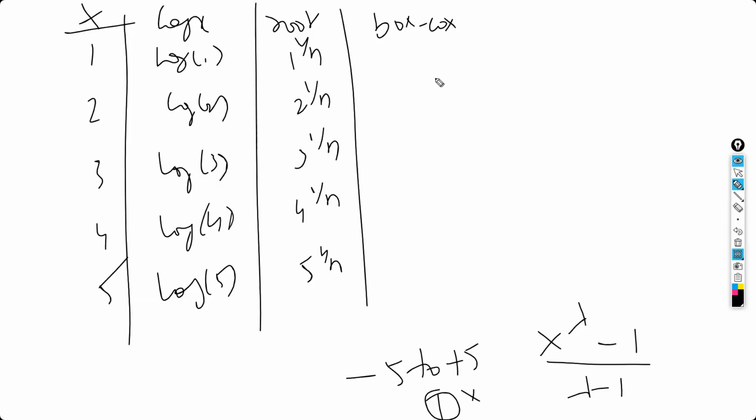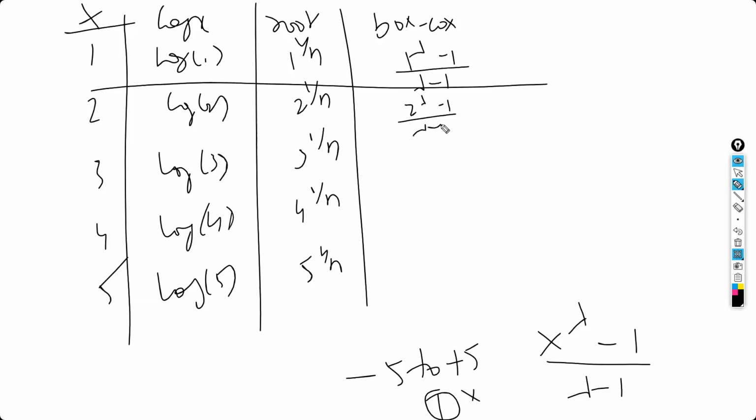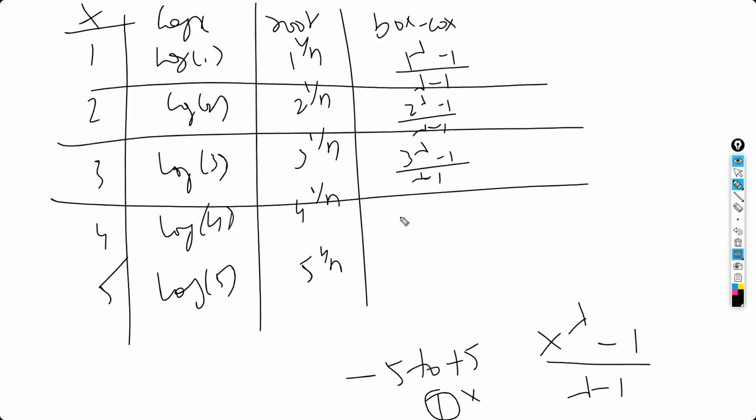Now, first record: 1 to the power of lambda minus 1 divided by lambda. Similarly, second record: 2 to the power of lambda minus 1 divided by lambda. Third record, 3 to the power of lambda minus 1 by lambda. Fourth record, 4 to the power of lambda minus 1 by lambda.